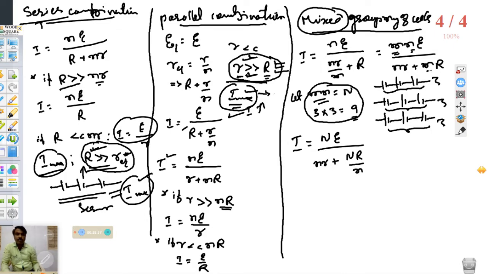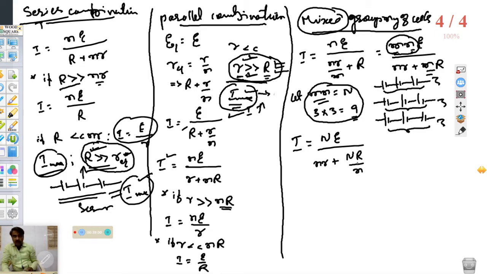It is the same equation, because N means m into n, so these get cancelled, leaving m into R only. We have taken m into n as capital N, and in place of mR we have written n times R divided by N, so it will cancel.